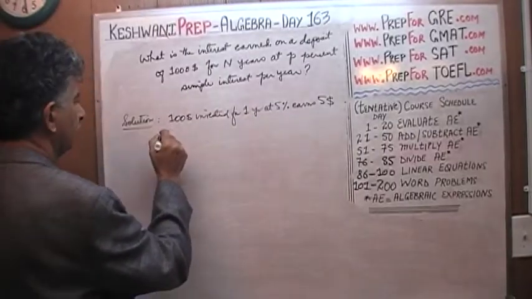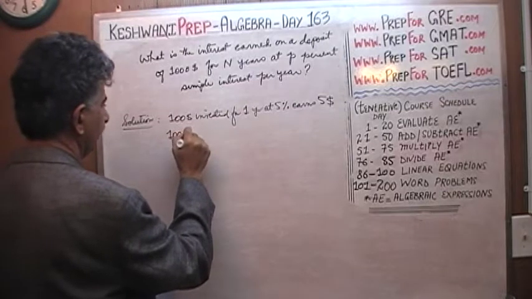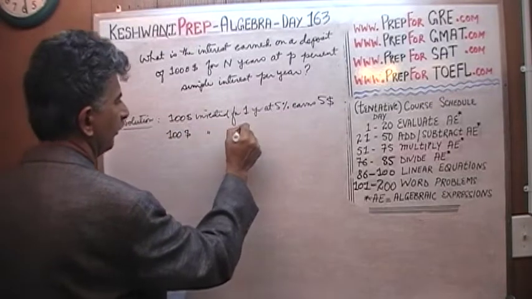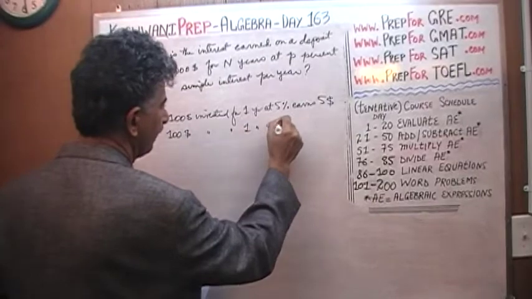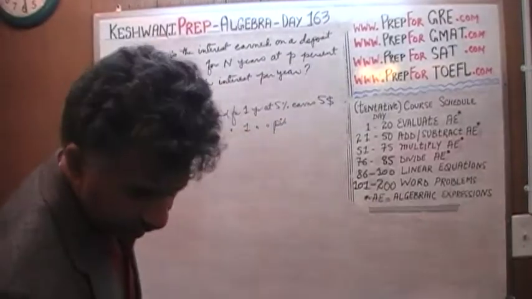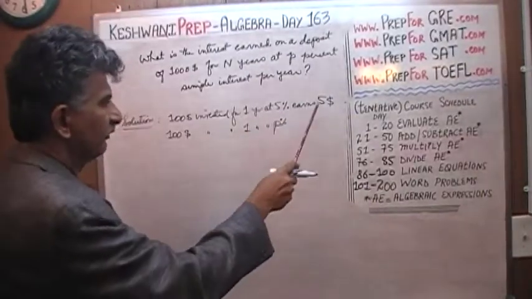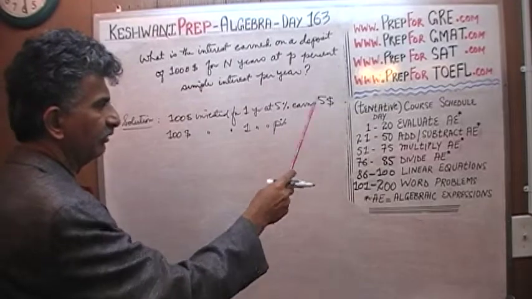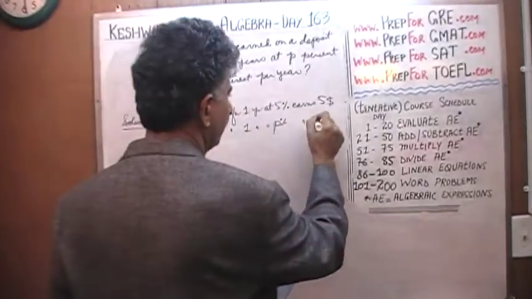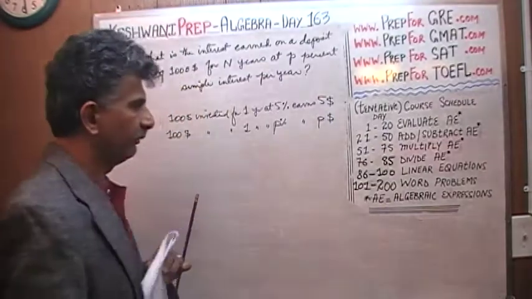If you invest $100 for 1 year at p%, if 5% gives us $5, then p% must give us p dollars. Must earn p dollars, whatever the p happens to be.